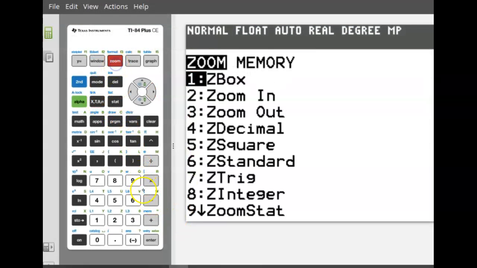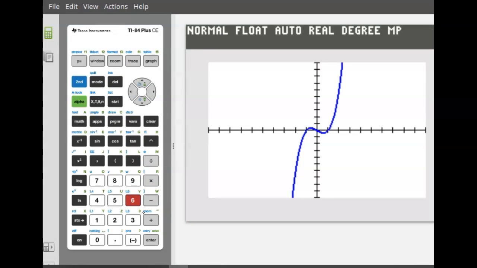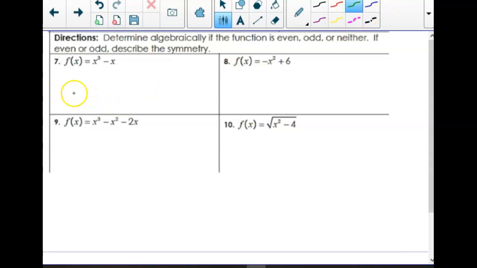If I do a zoom 6 or a standard window, I feel like we've seen that same graph several times today in various forms. What kind of symmetry does this have? Okay, it has origin symmetry, and it is a function, so it's an odd function.